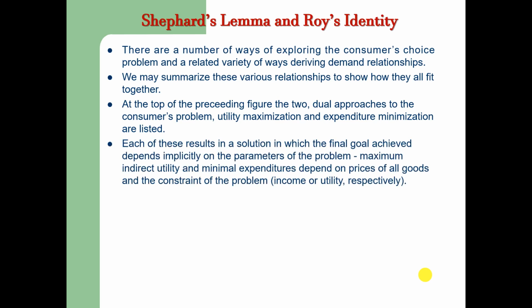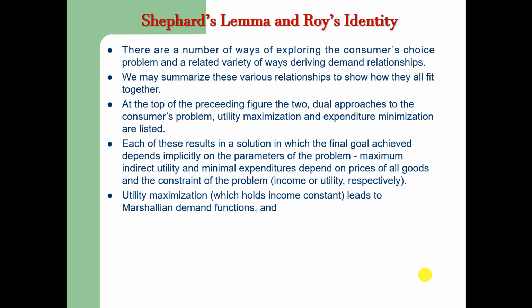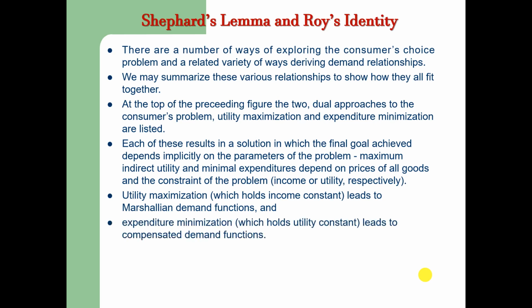Each of these results in a solution in which the final goal achieved depends implicitly on the parameters of the problem. Maximum indirect utility and minimal expenditures depend on prices of all goods and the constraint of the problem, that is income or utility respectively. Utility maximization, which holds income constant, leads to Marshallian demand functions, and expenditure minimization, which holds utility constant, leads to compensated demand functions.